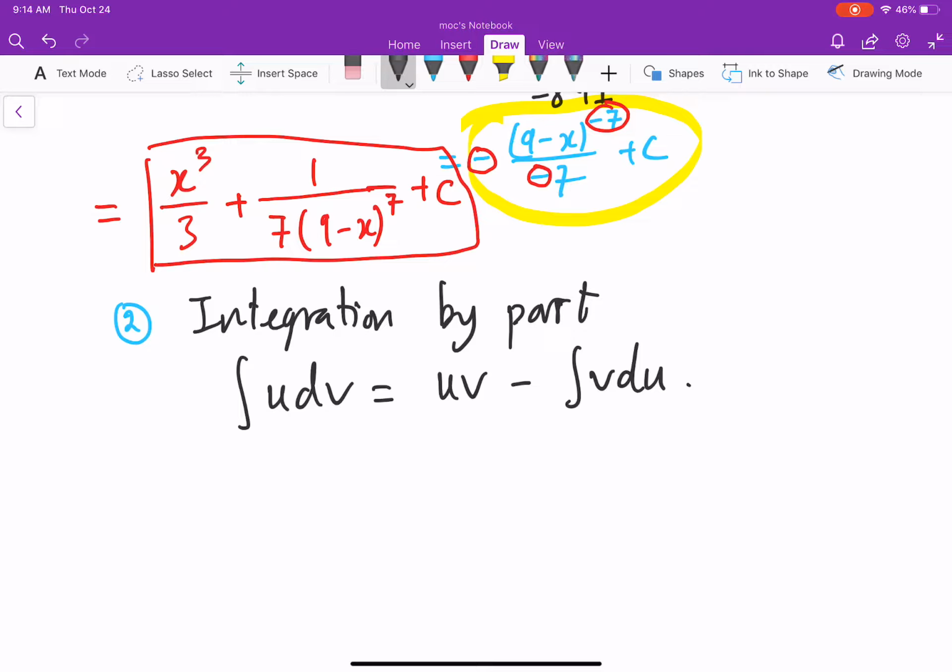And you know, this formula comes from the product rule. Integration using substitution is some kind of reverse process of the chain rule, and here it is the product rule.